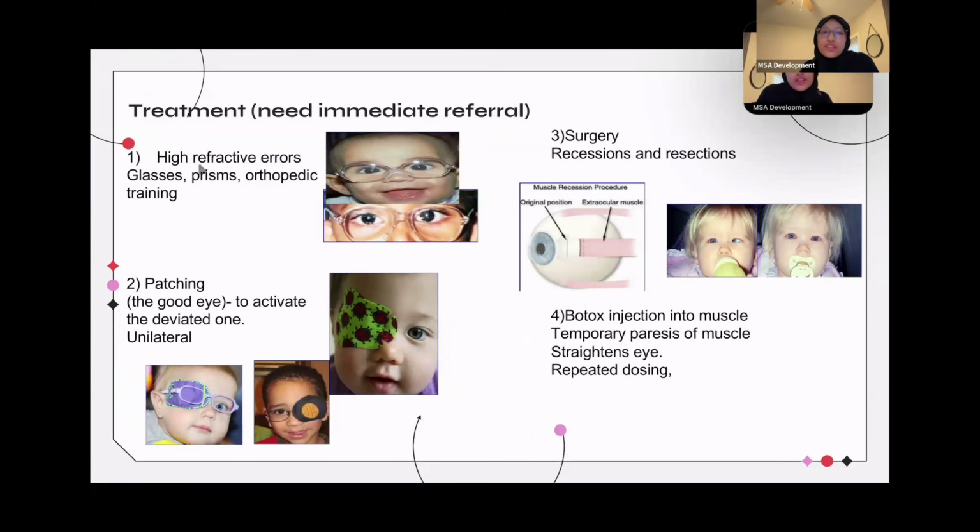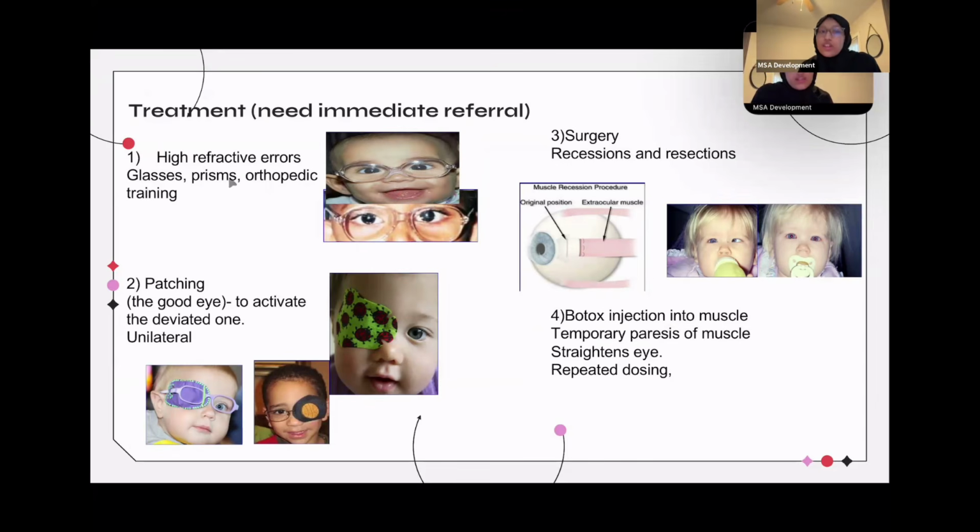Myopia is nearsightedness: I cannot see far, I can see near. For myopia, hyperopia, astigmatism, anything affecting their vision, you put glasses on them. That is the first line of treatment.